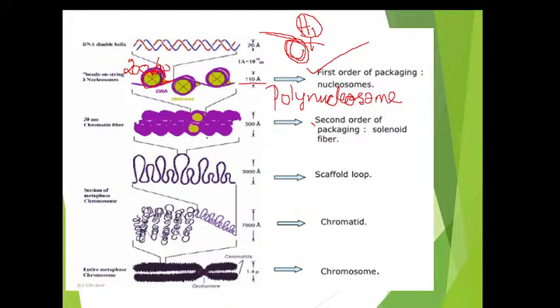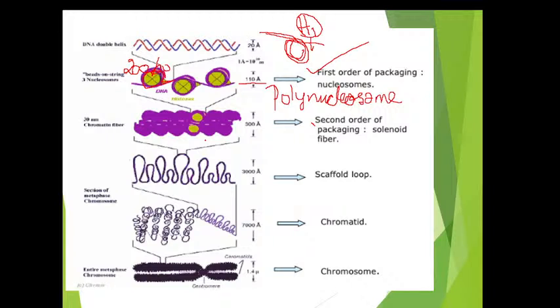The nucleosome again undergoes twisting. A 7-fold reduction takes place in this chromatin. And this polynucleosome structure will again take a twist and turn to achieve more condensation. Let's see how it is happening.